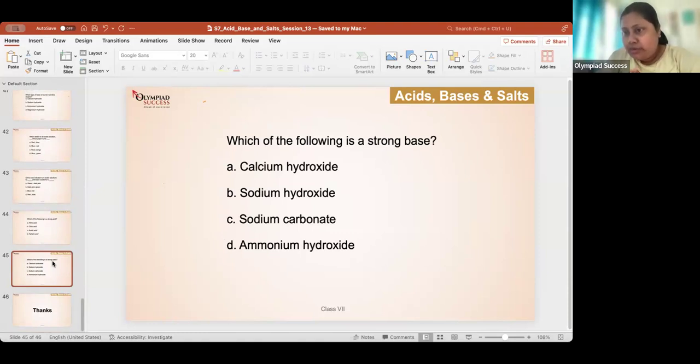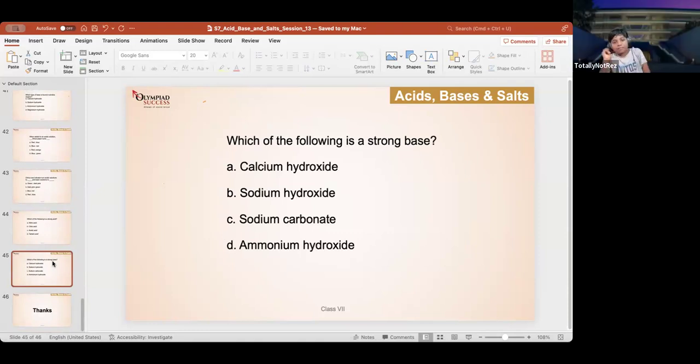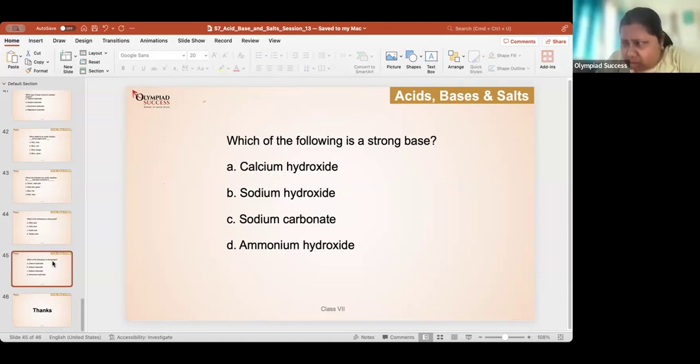Okay, now moving on to a few instructions. After this class, you will be receiving a homework worksheet that you have to solve. Along with that, you will be getting a mock test link. You have to do a mock test. I think they have instructed you in the first class, right?